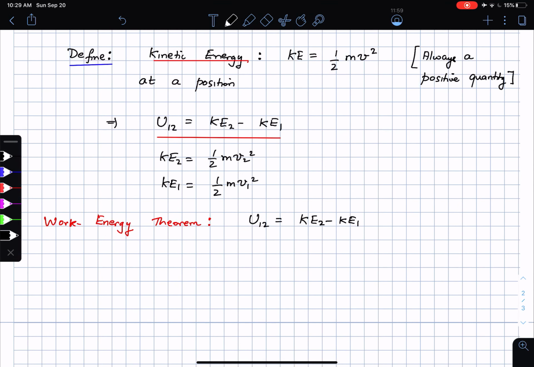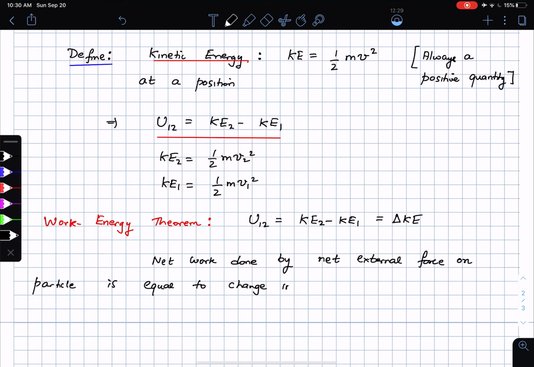The net work done by the net external forces on the particle is equal to the change, this can be called delta Ke, equal to the change in the kinetic energy of the particle as it moves between positions.